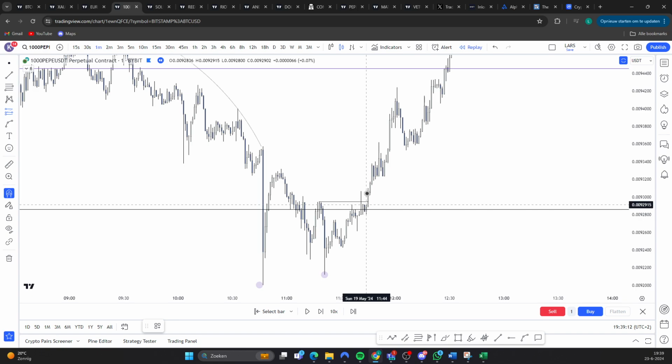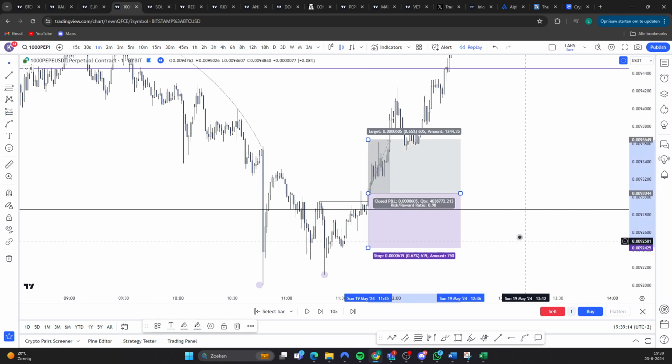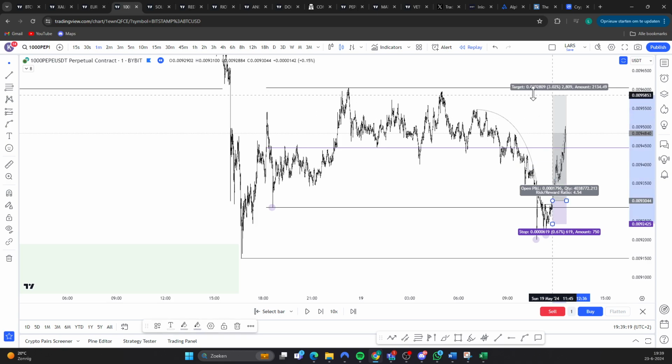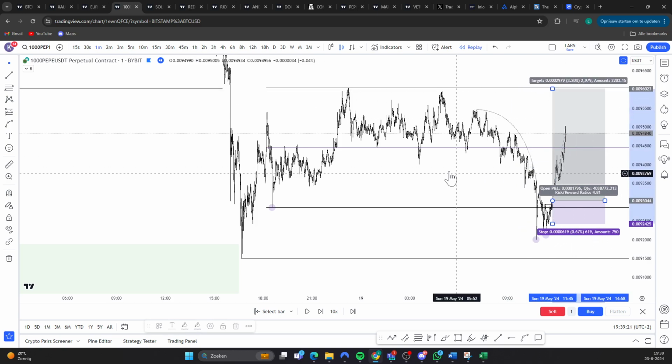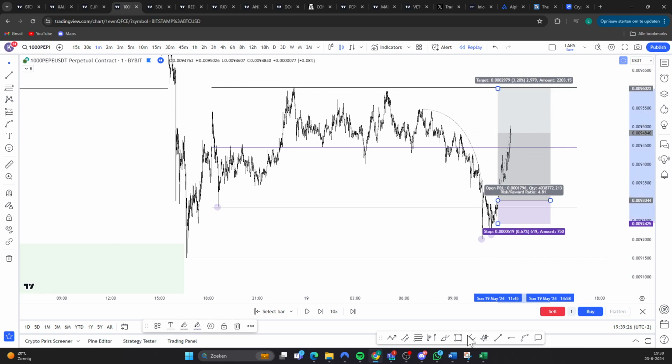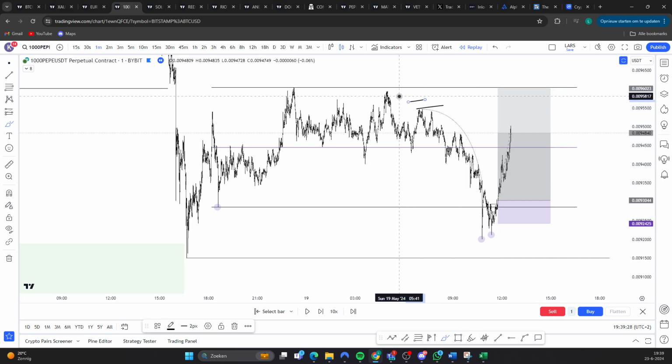You would enter right here. I would do my stop below the internal low. And then potentially target this high. But I would scale out on these highs.